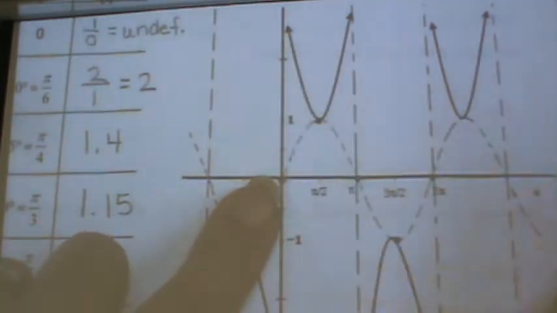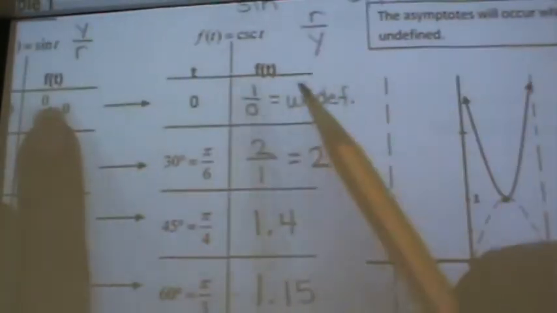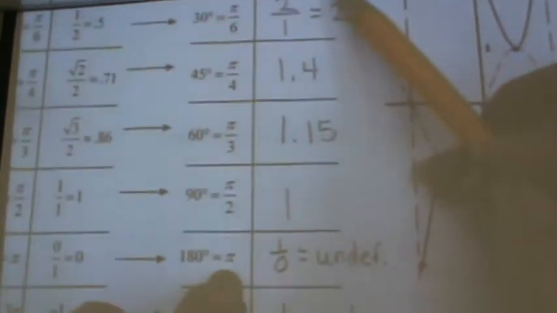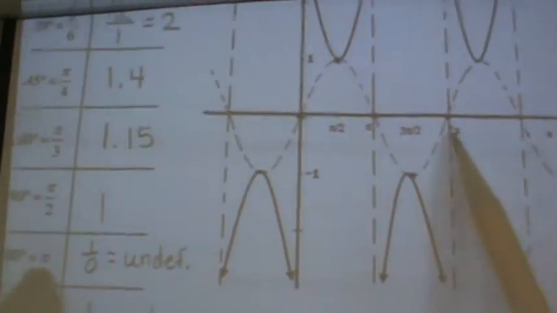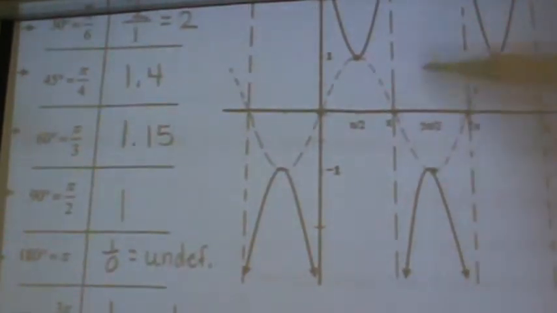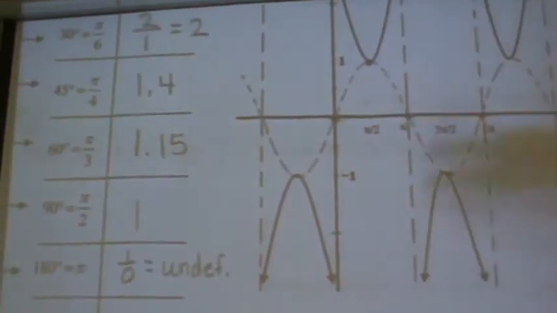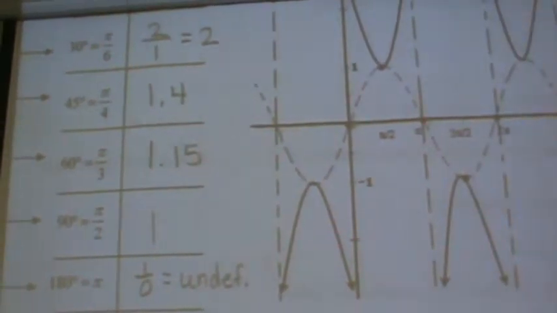What happened is this is now going to be an asymptote. At every on place, you are going to have an undefined. See how it's undefined here? It's undefined at 180 or pi. It's undefined at 2 pi. At every pi, it's undefined: at 0, at pi, at 2 pi, at 3 pi, it's undefined.